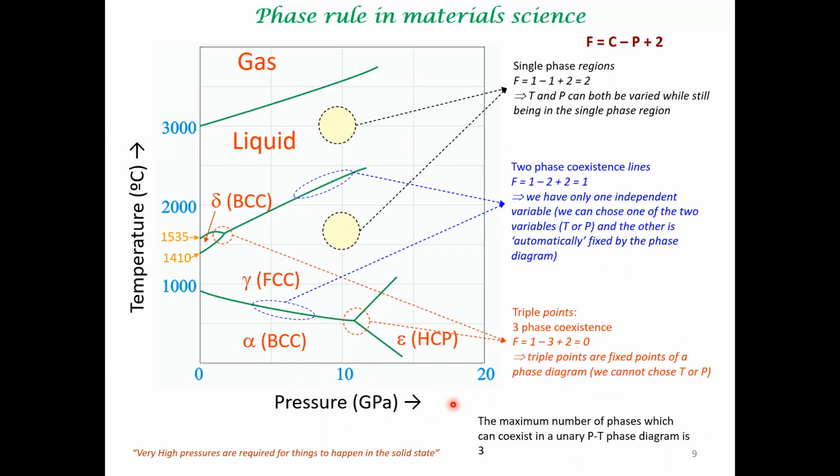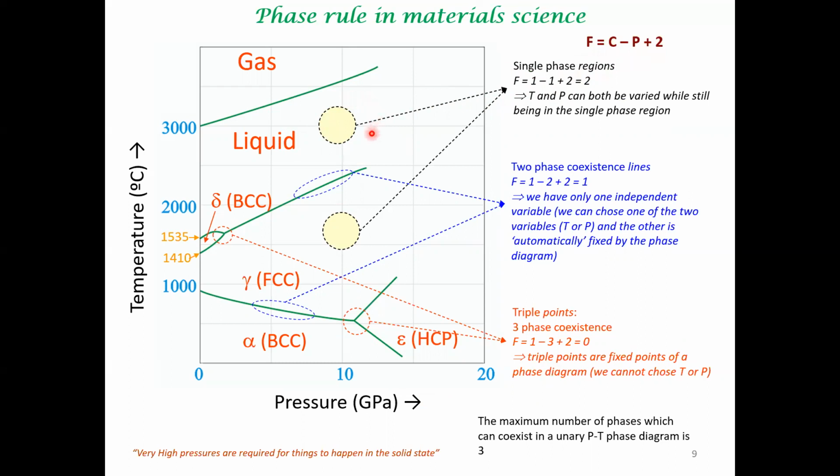So if you are having C equal to 1, in this case, P is equal to 1. So the degrees of freedom is 2, just by implementing C minus P plus 2. That means I can vary the temperature and pressure independently, and I don't see any appearance or destruction of phase.